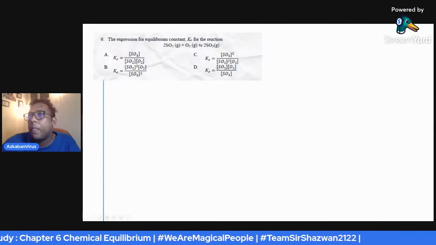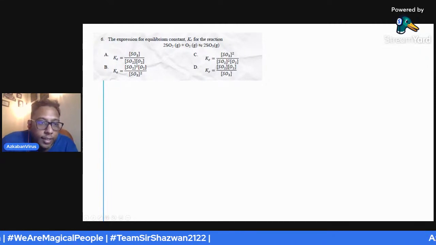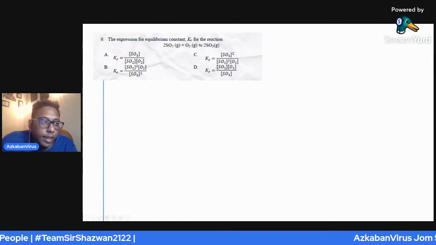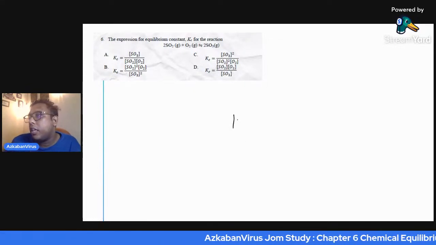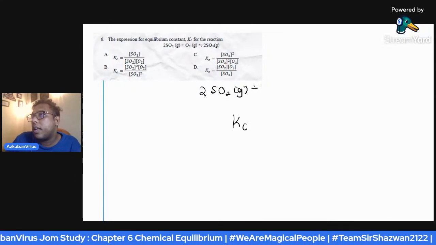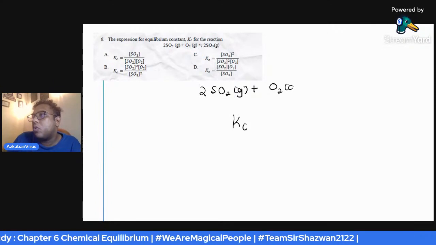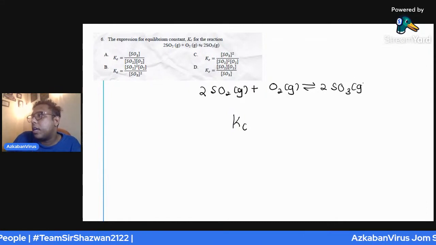Soalan berikutnya. The expression for equilibrium constant Kc. Kc, ingat, Kc untuk both gases dan juga aqueous. So, you boleh masukkan dua-dua. Nak tulis Kc, tulis equation dulu. 2 SO2 gas tambah O2 gas, dia akan jadi 2 SO3 gas.